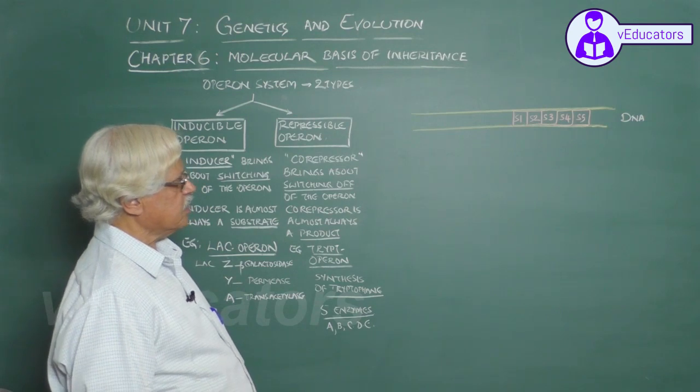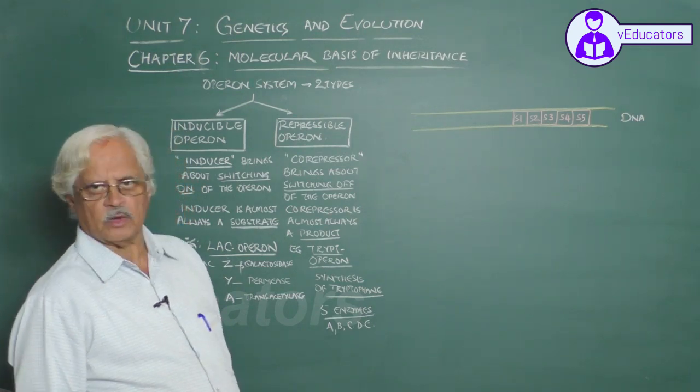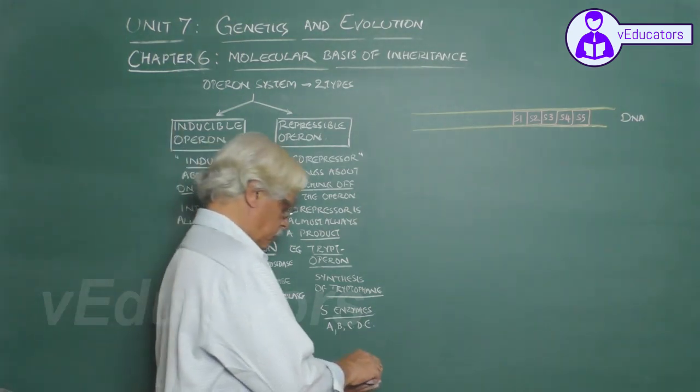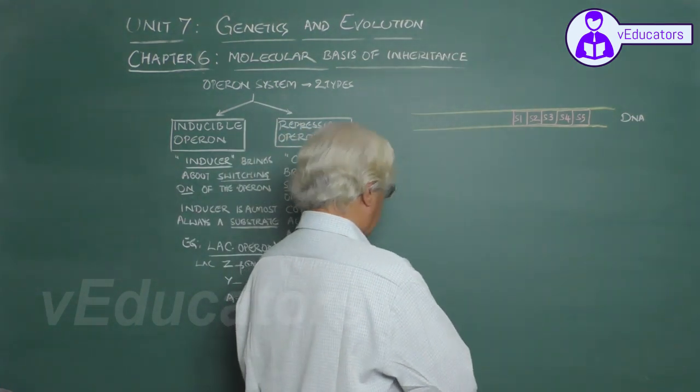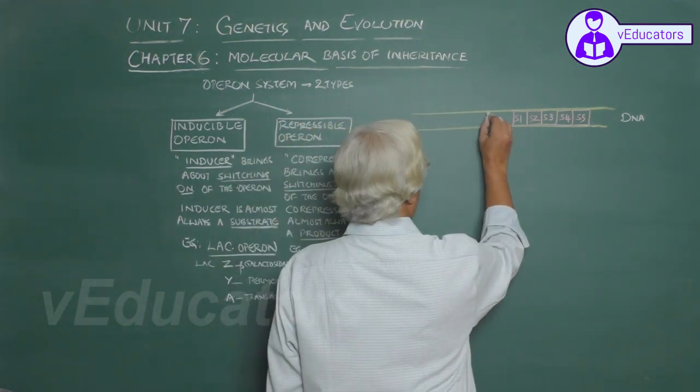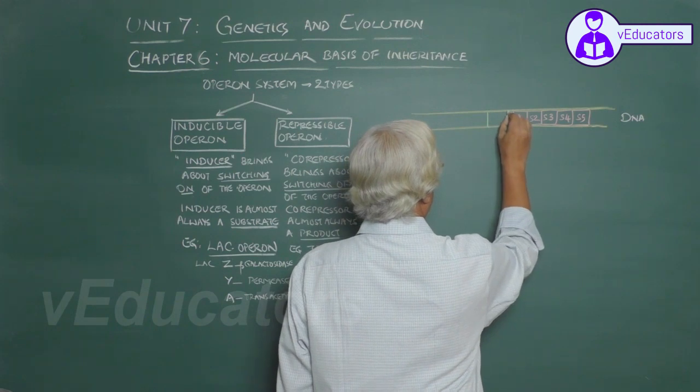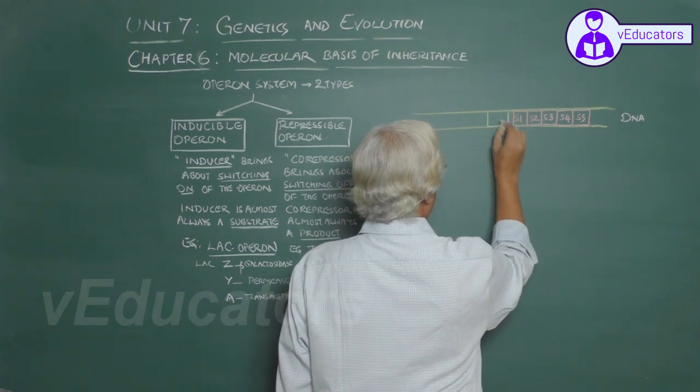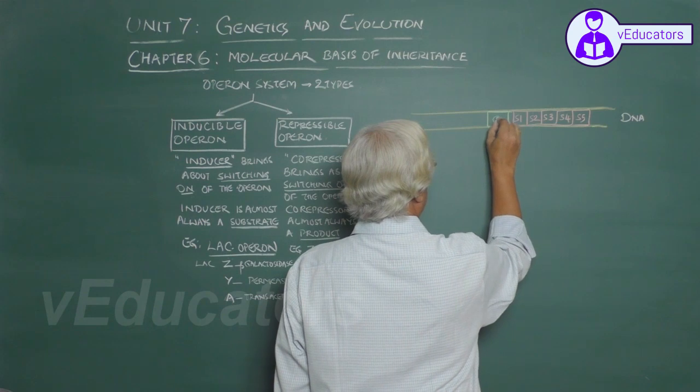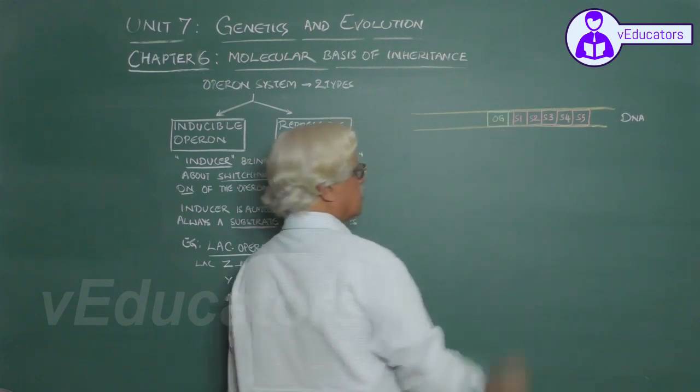I will designate them as S1, S2, S3, S4 and S5. This is the operator gene.